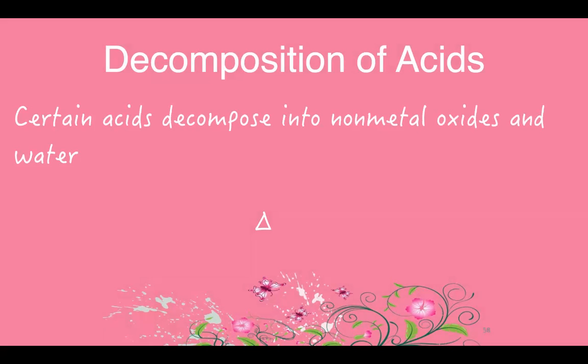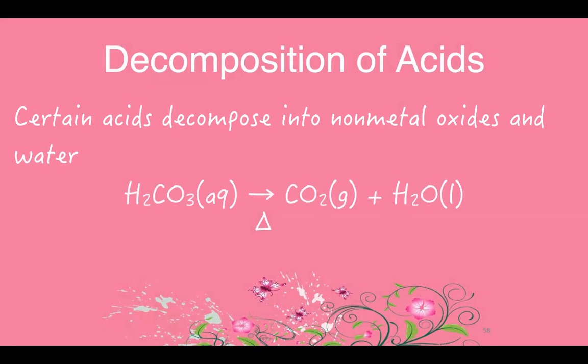Now, if we make oxyacids by reacting nonmetal oxides in water, then the decomposition of oxyacids are going to produce nonmetal oxides in water. So this is an acid. How do I know? Because it's a nonmetal oxide with hydrogen and it's aqueous. This is the big key right here. So that's going to decompose into a nonmetal oxide plus water.